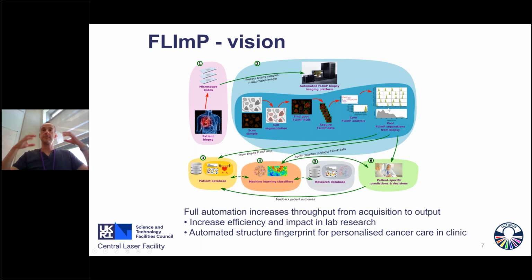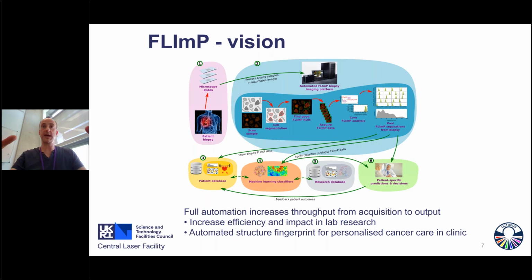And so then we're automatically providing this detailed molecular signature of the separation distribution that we can then use to start understanding things about the data and about the molecules. If that was a patient's biopsy, you can see how you're getting a detailed molecular fingerprint of what's going on at the molecular level in that patient. You can compare and contrast those between patients at different stages of their treatment, compare with studies of cell lines in the lab, and start making patient-specific predictions about which particular treatments might work well for particular patients.